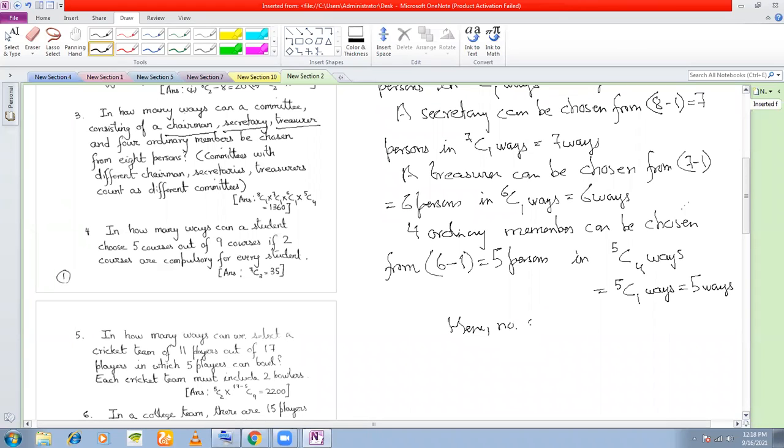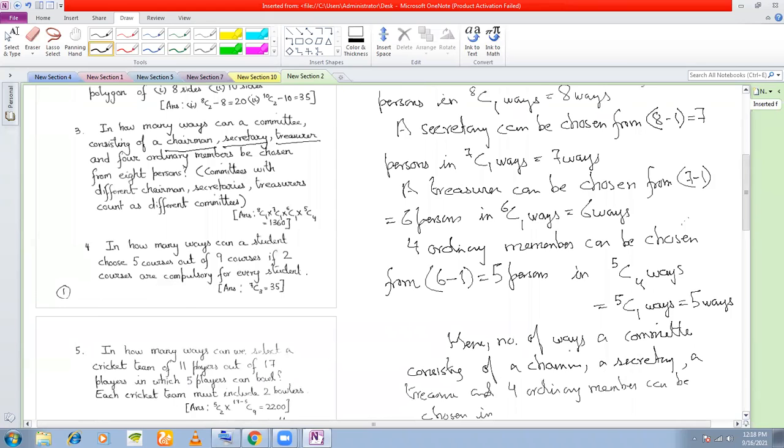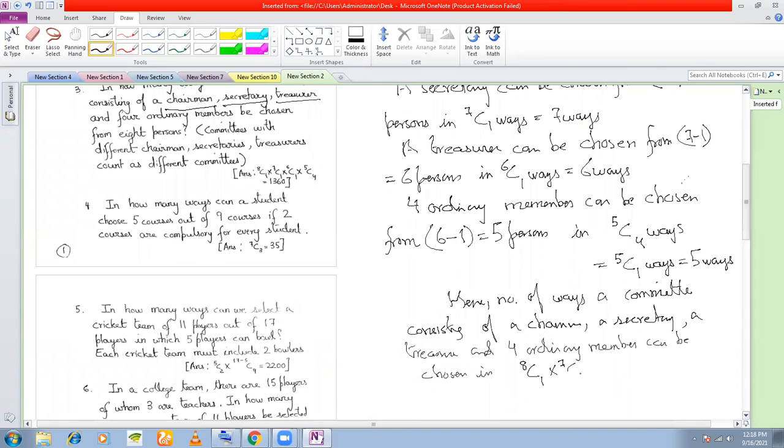Hence, the number of ways a committee consisting of a chairman, a secretary, a treasurer, and 4 ordinary members can be chosen in how many ways? 8C1 into 7C1 into 6C1 into 5C1 ways.